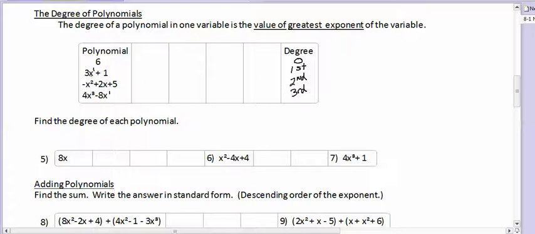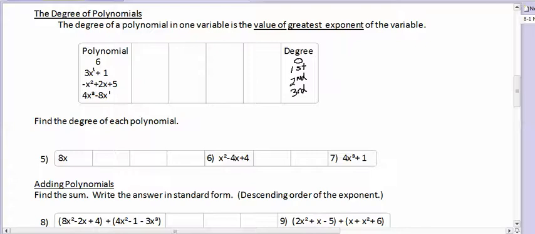So it depends on the largest exponent of your equation, and that's how you're going to identify the degree. If there's no variable and it's just a number, it's a 0 degree. If there's just a letter and the exponent is 1, it's a first degree. If the largest exponent is a 2, it's a second degree, and if the largest exponent is a 3, it's a third degree.